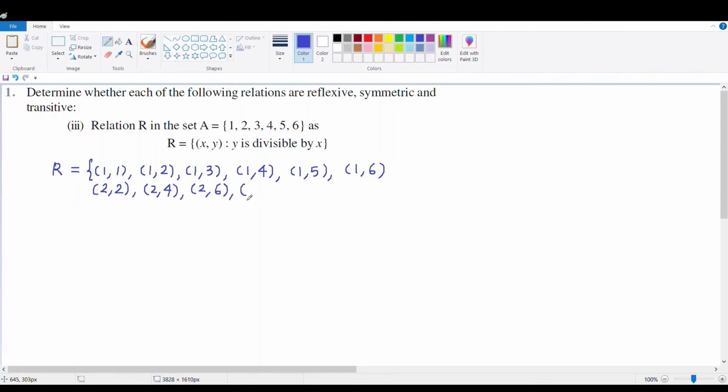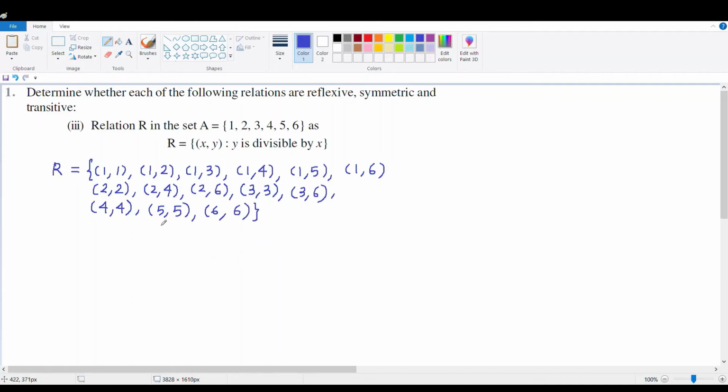Now if we use x equals 3, then which number is divisible by 3? So 3 comma 3 and 3 comma 6, because 3 is divisible by 3, 6 is divisible by 3. Now if we start with 4 in the front, then which numbers are divisible by 4? Okay, so just 4 in this set A. So 4 comma 4 is in the relation R. Same way 5 comma 5 is in the relation R, and 6 comma 6.